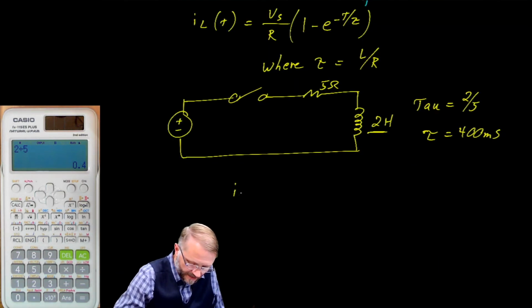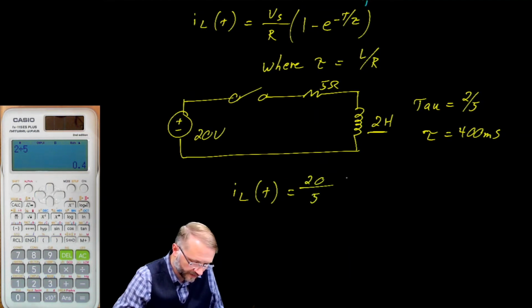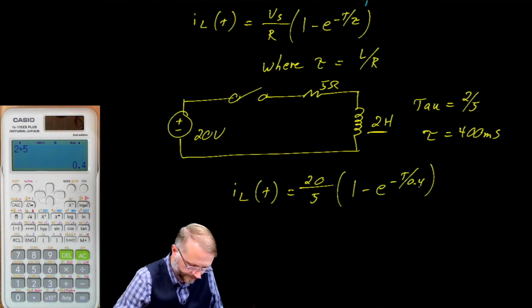We would say the current on the inductor as a function of time is equal to the source, 20 volts there, divided by R. So that's 20 divided by 5, times 1 minus e to the negative t over 0.4.